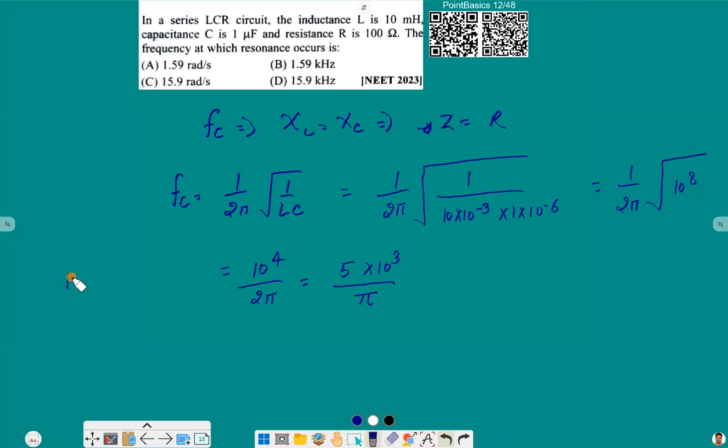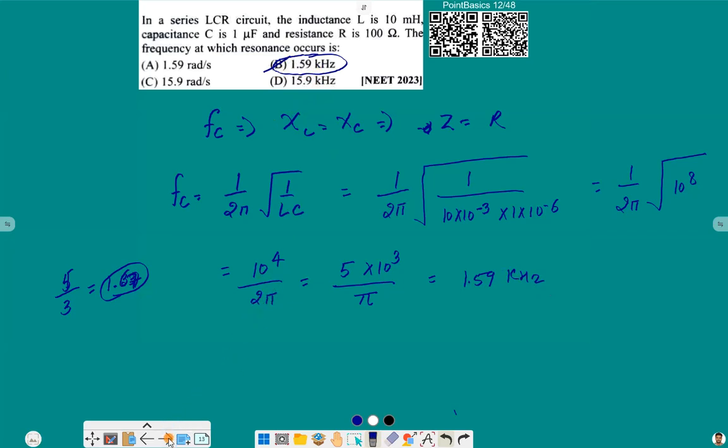So if we approximate pi by 3, 5 by 3 is 1.67, and if we divide 5 by 3.14, then it will be slightly less, around 1.5, which we have in option, that is 1.59 into 10 raised to power 3, meaning kilohertz. So option B will be the right answer here.